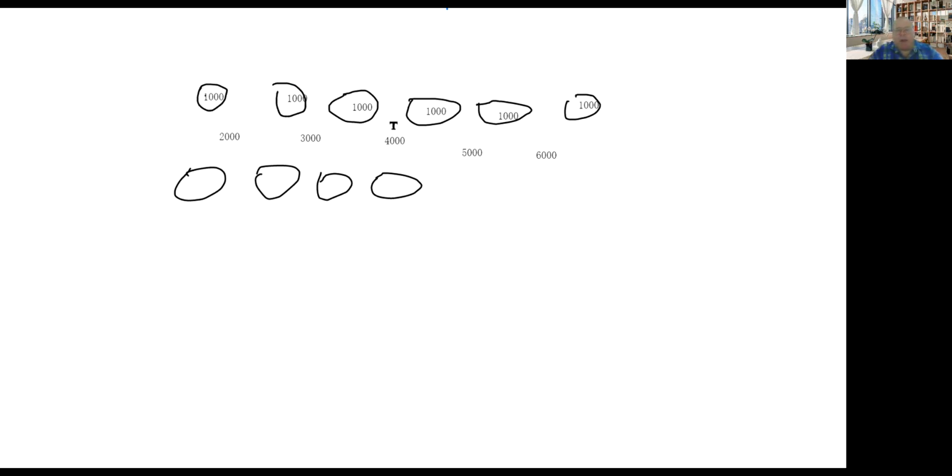If we look at 6,000 plus another 1,000, that makes 7,000, plus another 1,000 makes 8,000, plus another 1,000 plus another 1,000. Uh-oh, that makes 8,000.